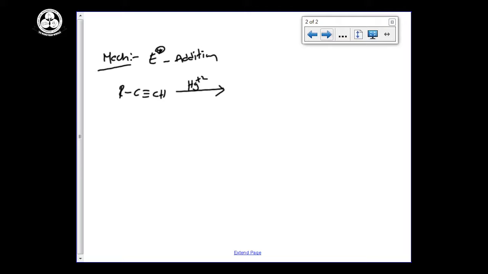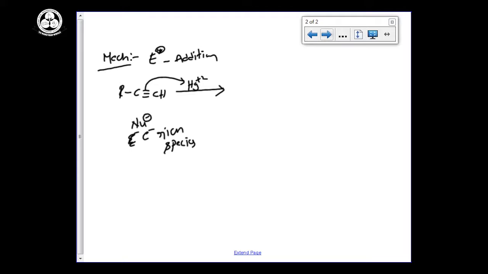Many times I told you, alkenes and alkynes we have to consider as nucleophile. Why is it a nucleophile? Because it is an electron rich species, so electrons are donated to this one.